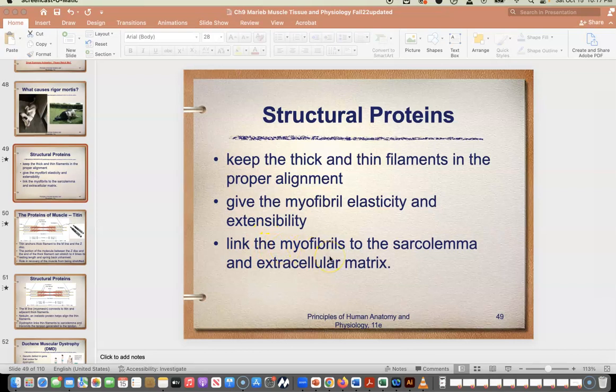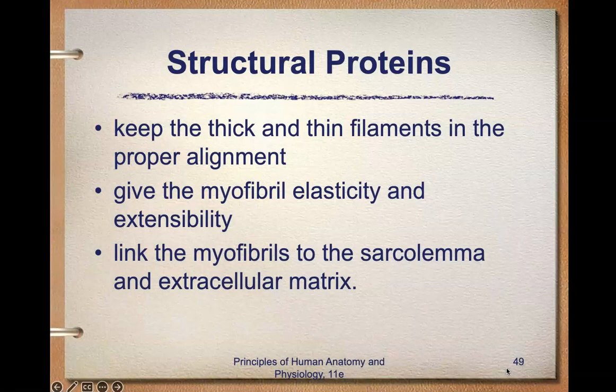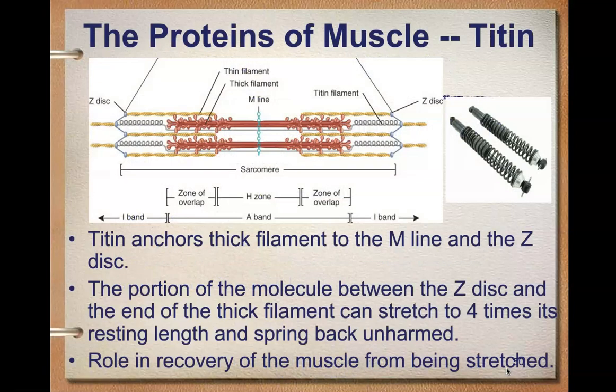And then lastly, to link the myofibrils to the muscle cell membrane called the sarcolemma, as well as the extracellular matrix outside the cell. So again, we're going to talk about all of these structural proteins in a little bit more detail. I'll put this in presentation mode for you.